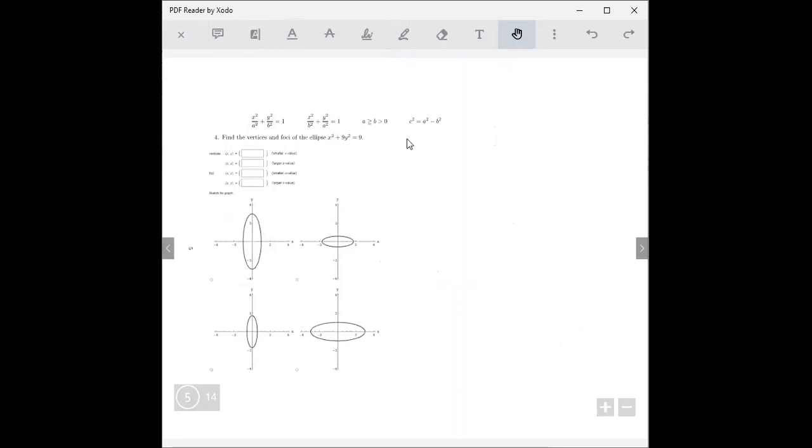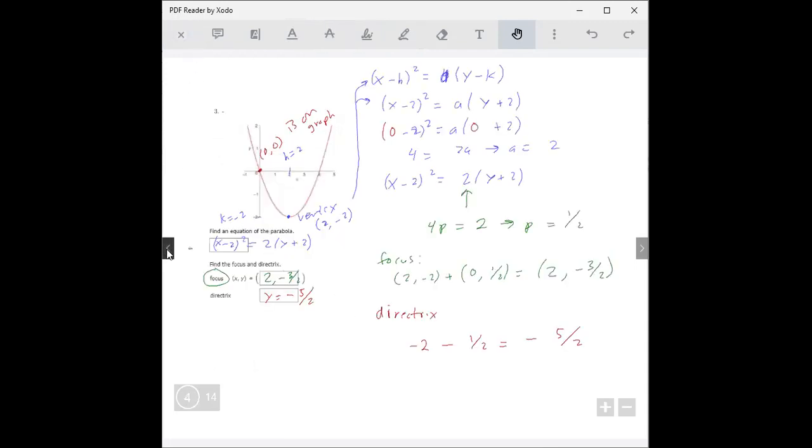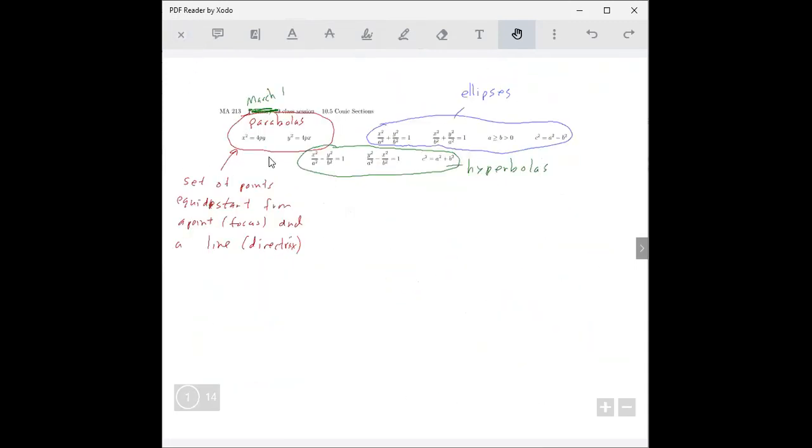And the C is the distance from the center, where it's centered at, to where the focus is. Okay, so let's say a little bit about ellipses.